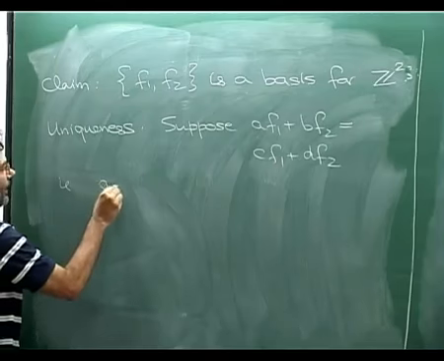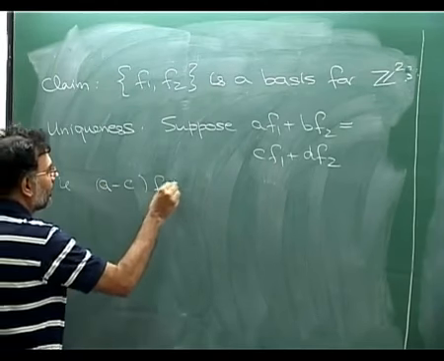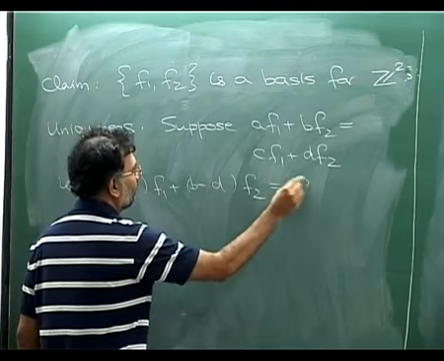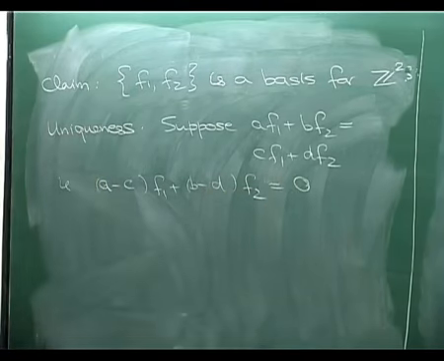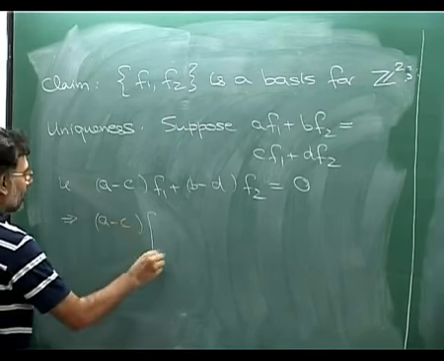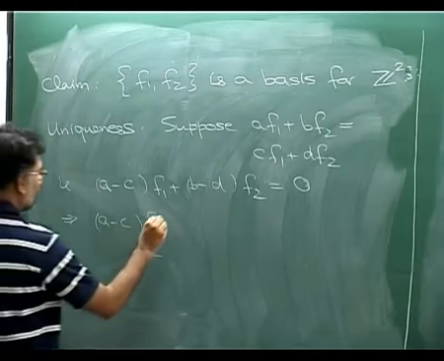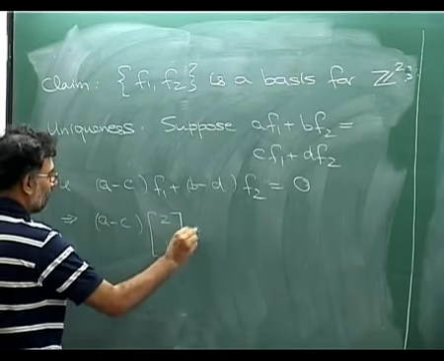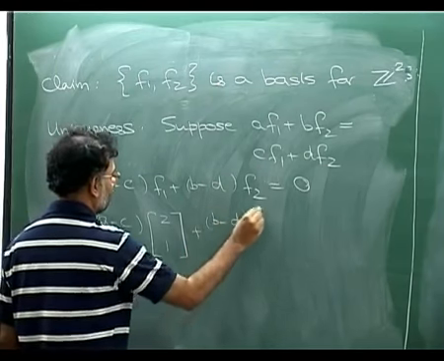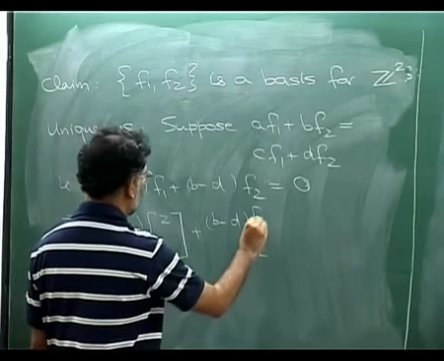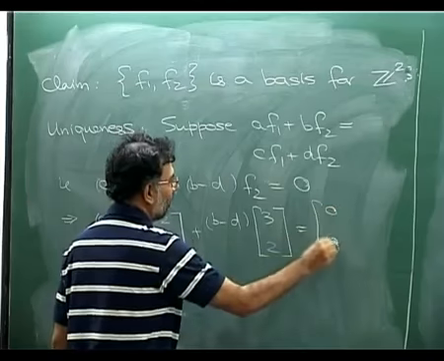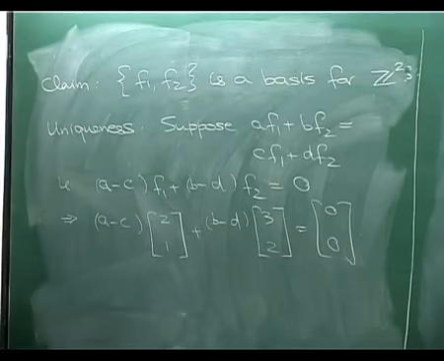I can write this as (A minus C) times F1 plus (B minus D) times F2 is 0. Writing out what this means: (A minus C) times the vector (2, 1) plus (B minus D) times the vector (3, 2) is 0, meaning the zero vector, the zero element of that group.